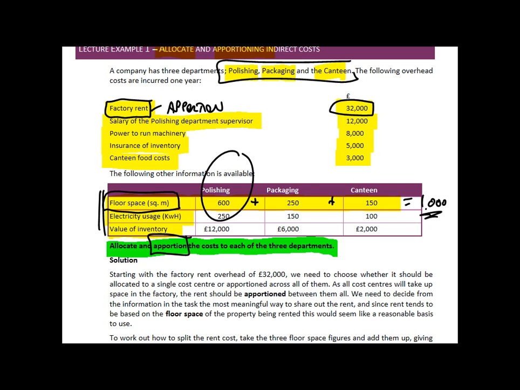They therefore deserve, I'm guessing, a bit more than half of the cost. The fraction I can create is the floor space of polishing divided by the total I just worked out, that's 600 over 1,000.